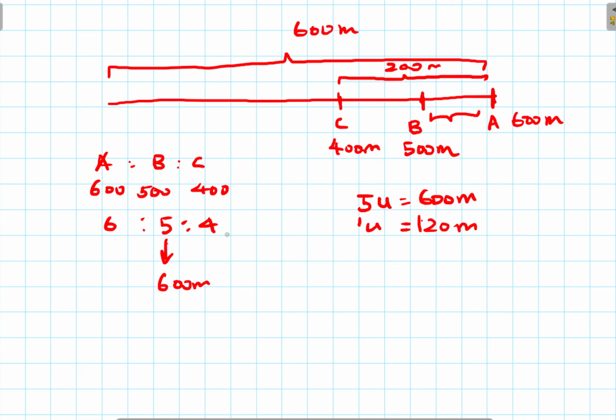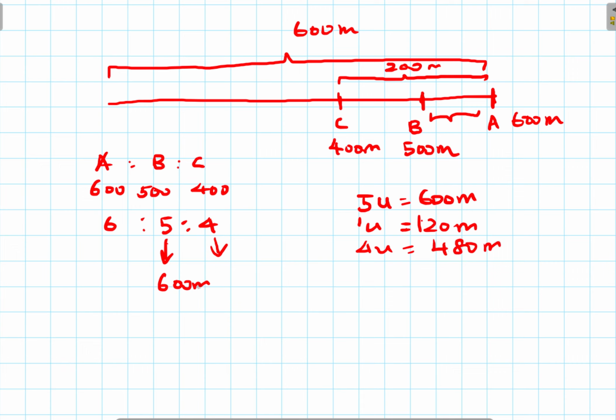Then I want to know what is Chris, because their ratio is 5:4, right? So here is 4. 120 times 4 is 480 meters.